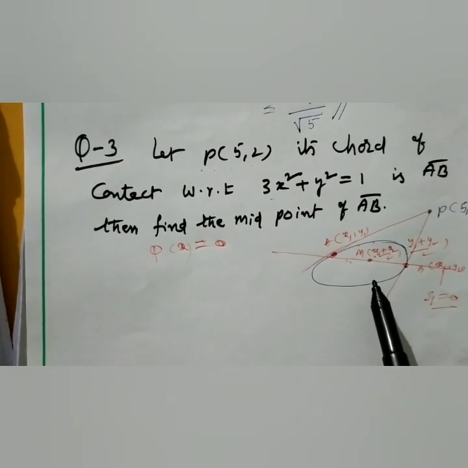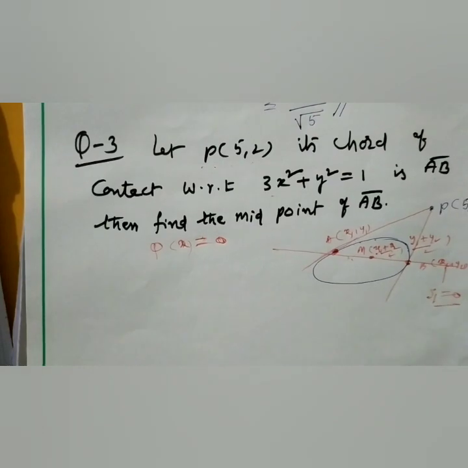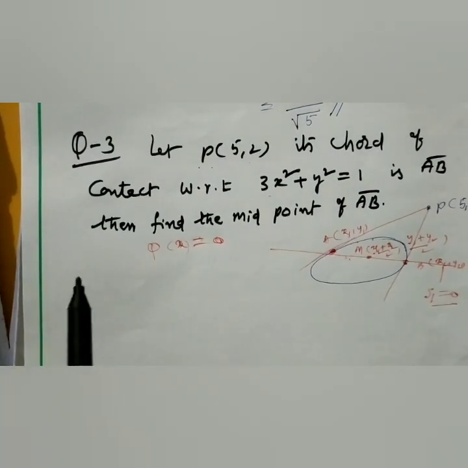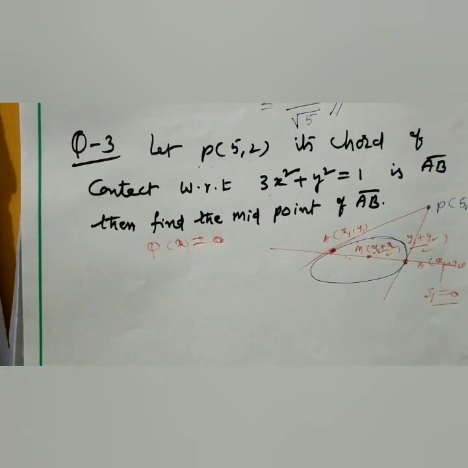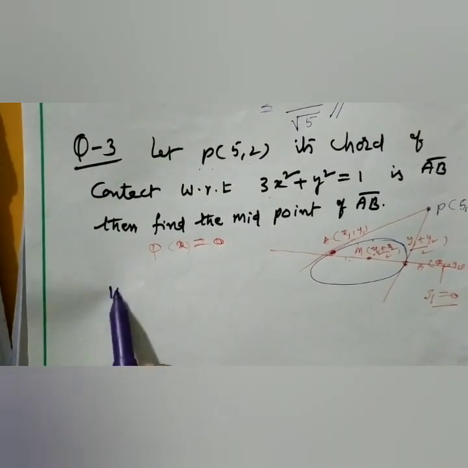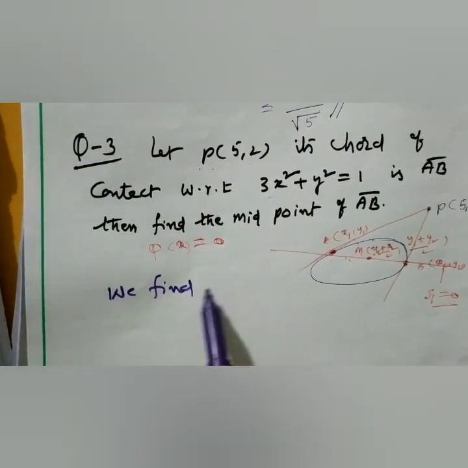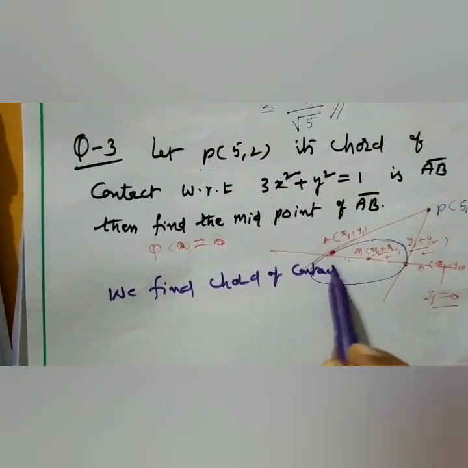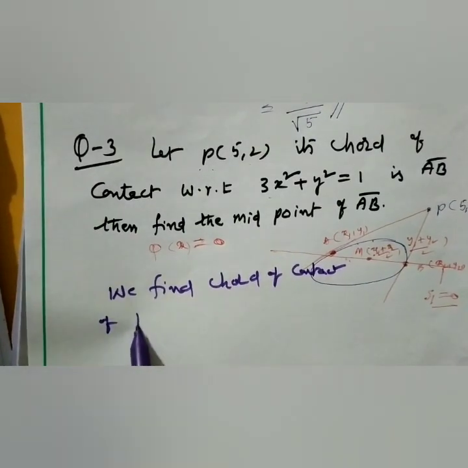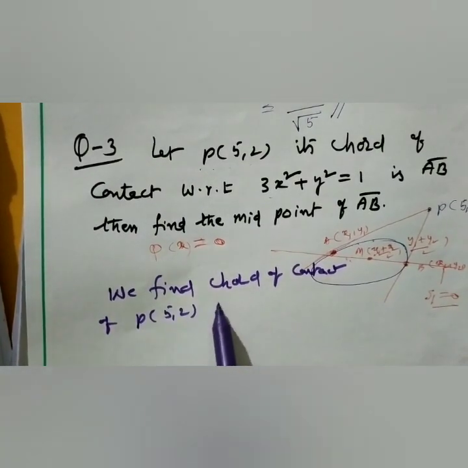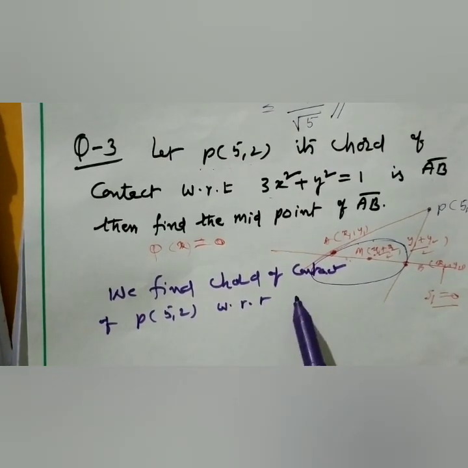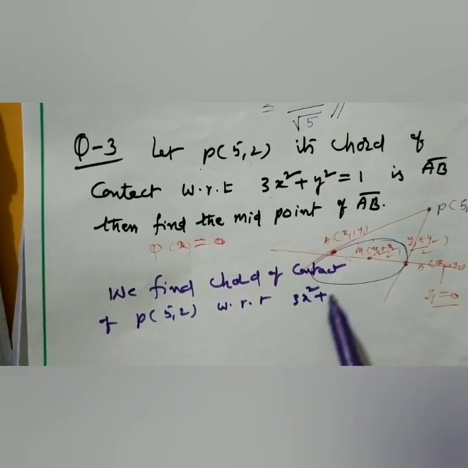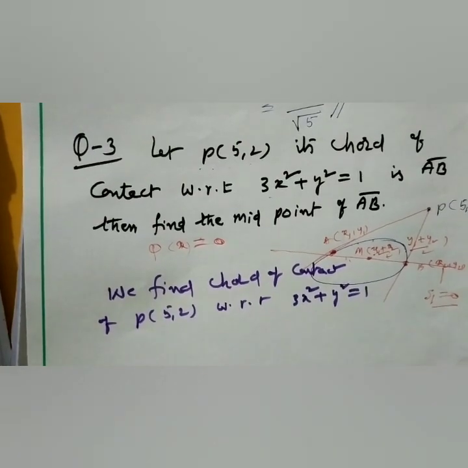But our process is similar to the first case. First we find the chord of contact of the conic. So we find the chord of contact of P(5, 2) with respect to the ellipse 3x square plus y square equal to 1.